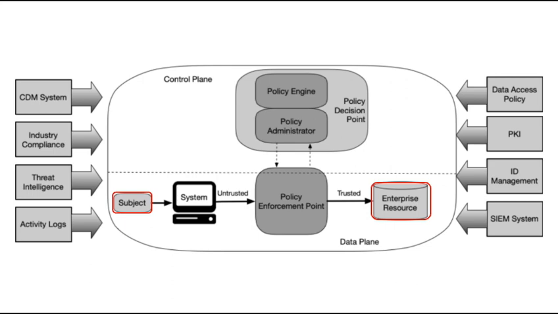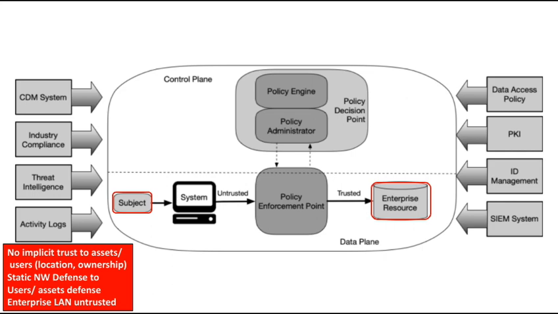So both entities have to earn their trust from zero trust architecture in order to operate in the IT infrastructure of an organization. And even after earning this trust, both entities will be continuously monitored for any kind of violation to organization policies.